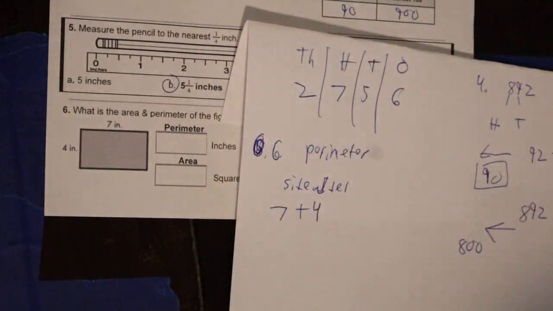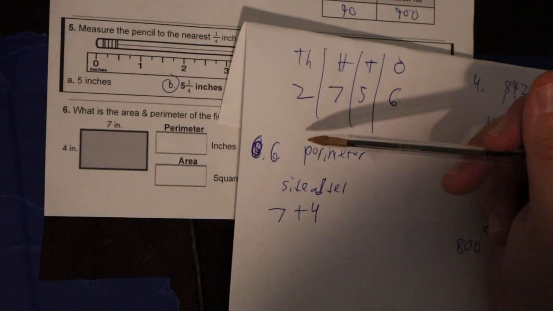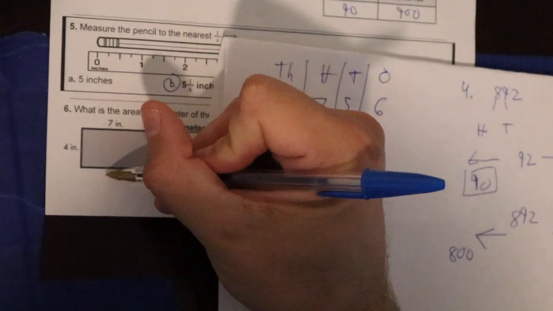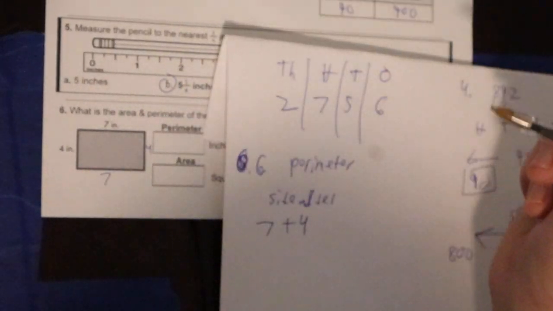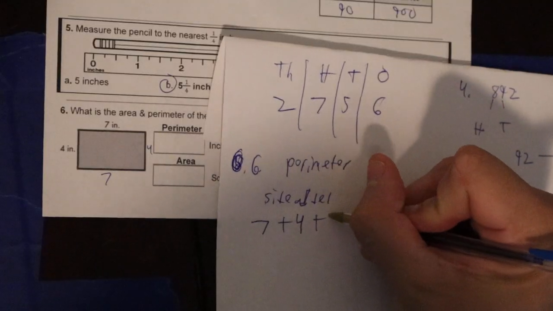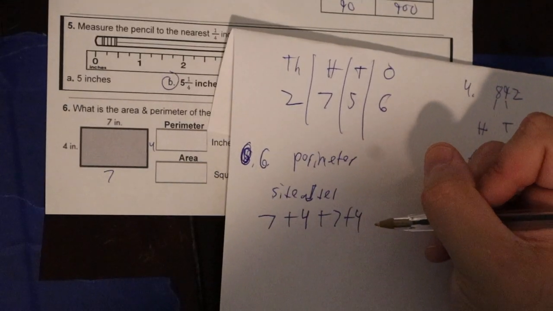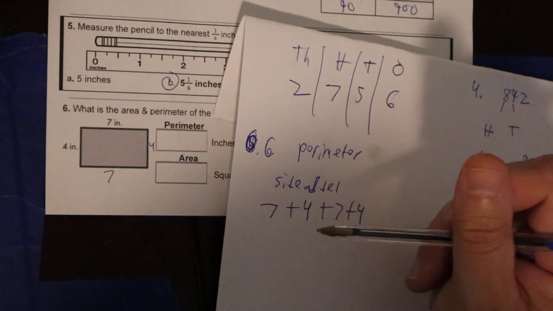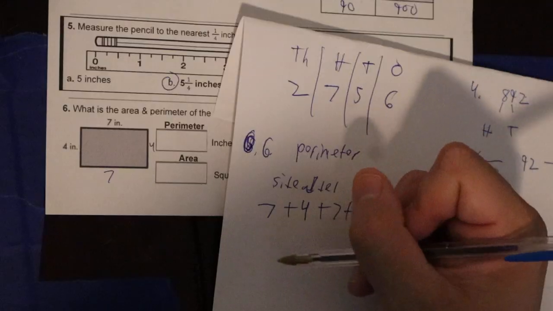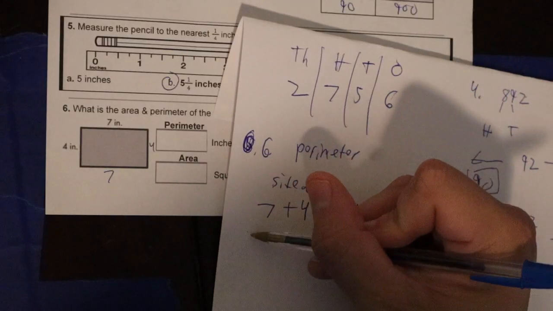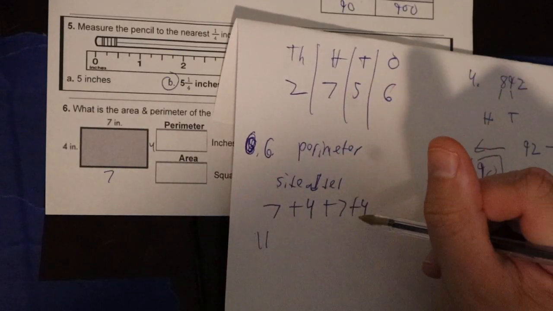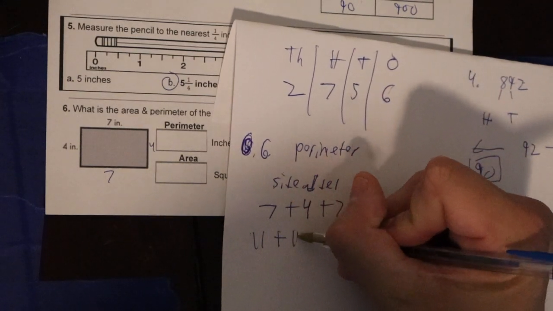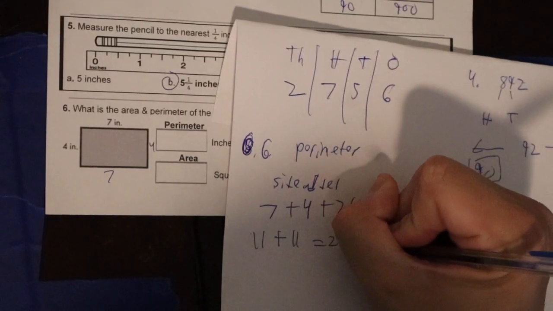And we're assuming that it's a rectangle, so the opposite sides will be the same. If that's 7 and that's 4, this should be 7 and this should be 4 inches. So 7 plus 4 plus 7 plus 4. Now what does that give us? Well, let's do our math. 7 plus 4 is 11. This is also 11. So another way to do this is 11 plus 11, which equals 22.